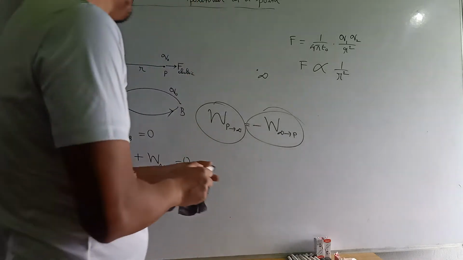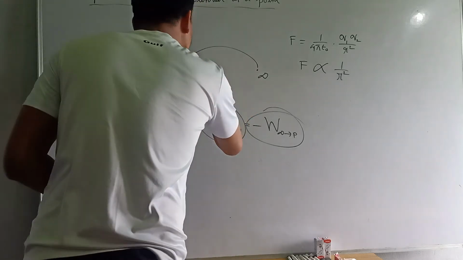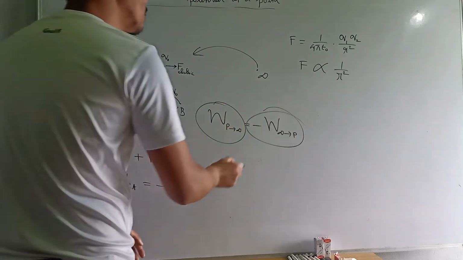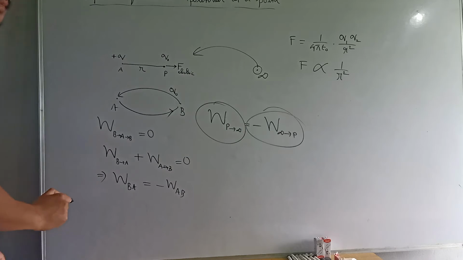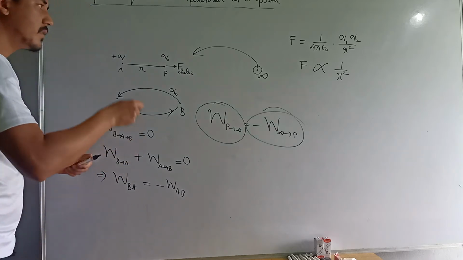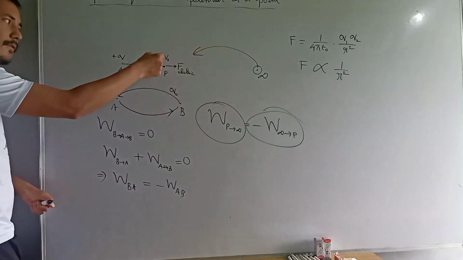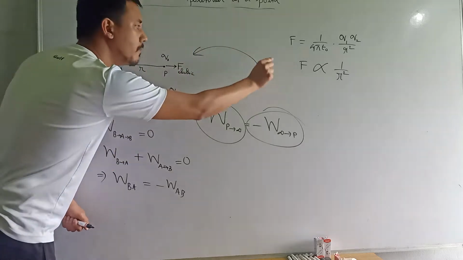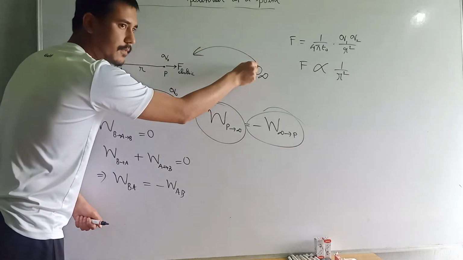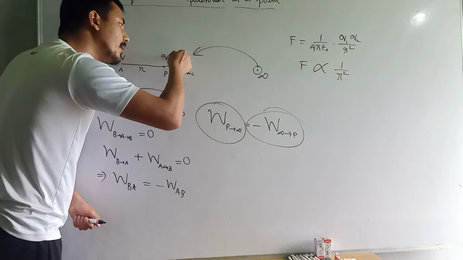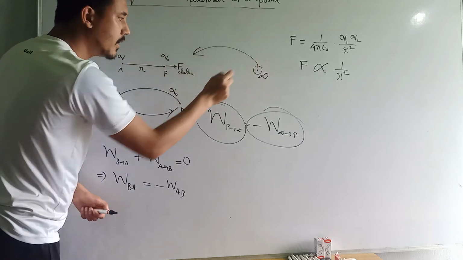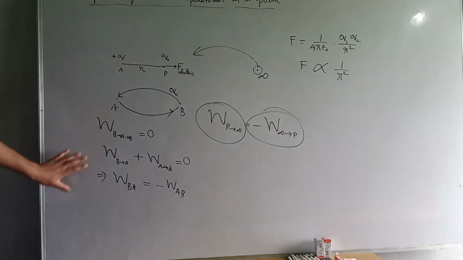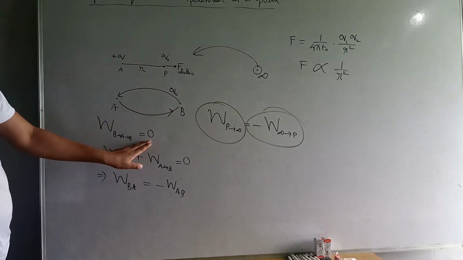I cannot bring it from infinity, because I do not know what the potential is here. So what did I do? Instead of taking it from infinity, I'm taking it from P. We know that work done by a conservative force in a closed path is 0.